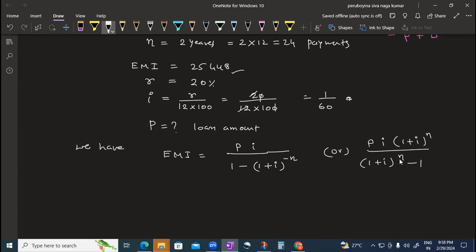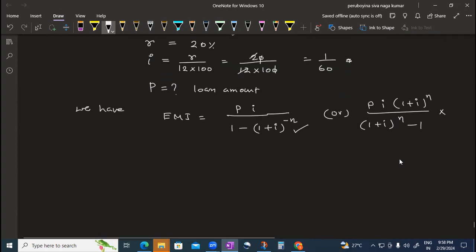In this case I am not using that formula, only this part. You can use both, but the other formula needs a little more calculation. Here we have to calculate the P value, and we know the EMI value also.